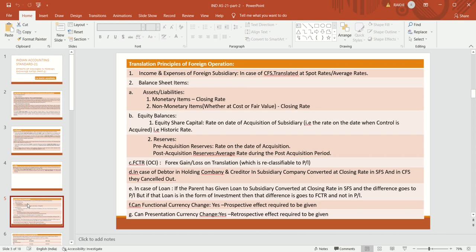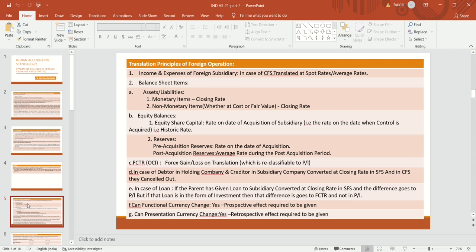Can functional currency change? Yes, functional currency can change, also if it is required by any law. Then prospective effect is required to be given, meaning three balance sheets are required to be prepared. And can presentation currency change?